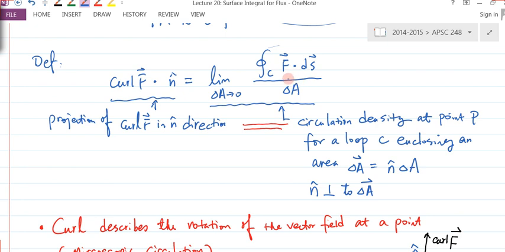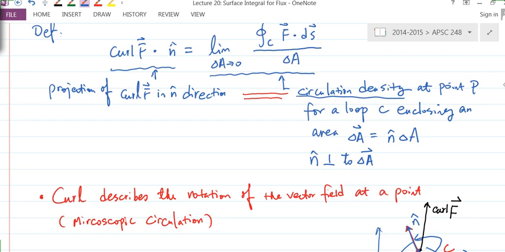So curl F dot n hat equals the circulation density. Purely based on the dot product, this means the projection of this curl F vector, del cross F, in the n hat direction gives you the circulation density at that point P.